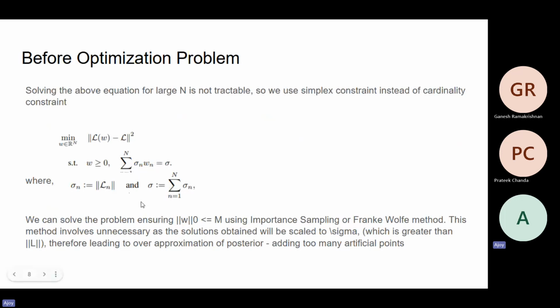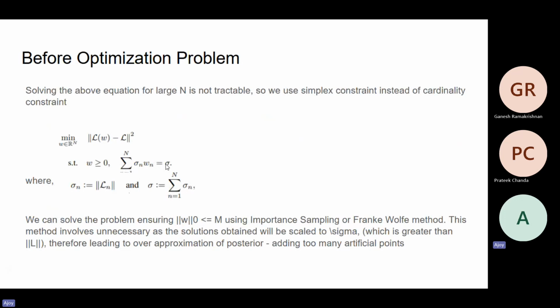This is because while solving this optimization problem, instead of scaling the selection with the norm of the likelihood, it will be scaled in terms of the norm of sigma. Here sigma is the summation of all norms, right? But what we actually want is to scale it with the norm of the sum of all the likelihoods.